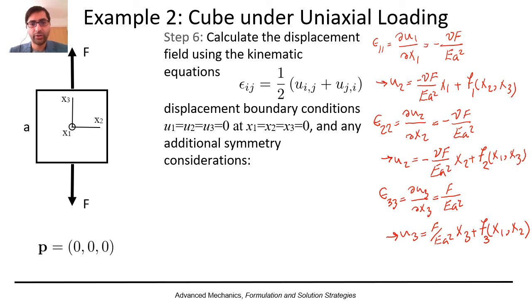For example, we know that u1, u2, and u3 are 0 at x1 equal to x2 equal to x3 equal to 0. So basically, at the center, we don't have any displacement because of symmetry, because we elongated symmetrically from both ends. So we get a neutral plane passing the center.